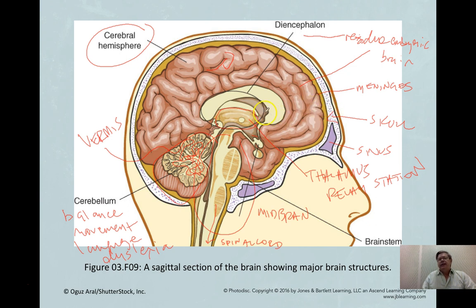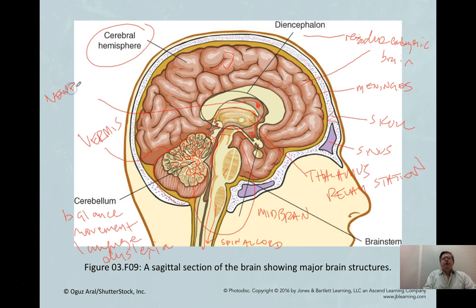And finally, we have the good old ventricles, which are these areas here. So the ventricle system looks a little bit like this, and actually extends down into the spinal cord. The ventricles, if you remember, are fluid-filled.